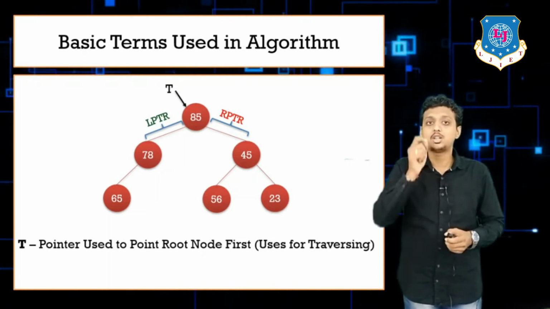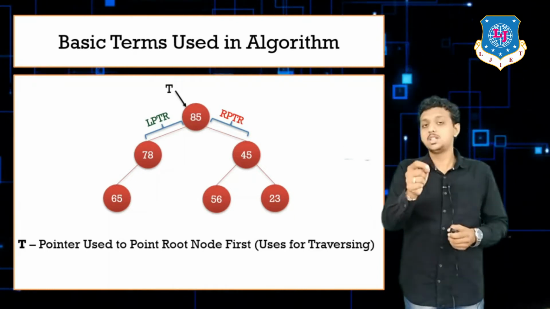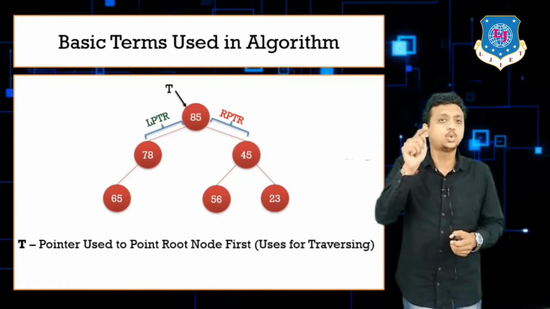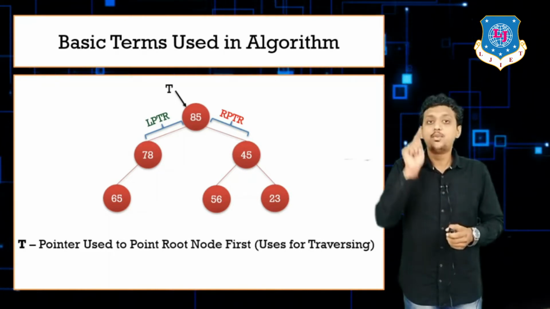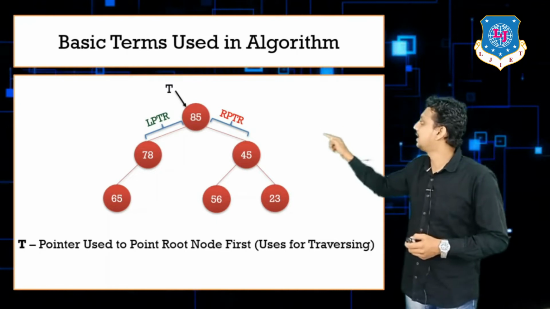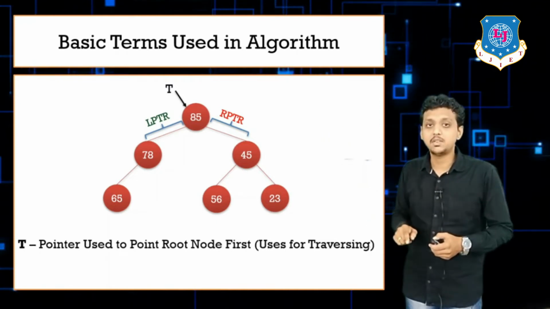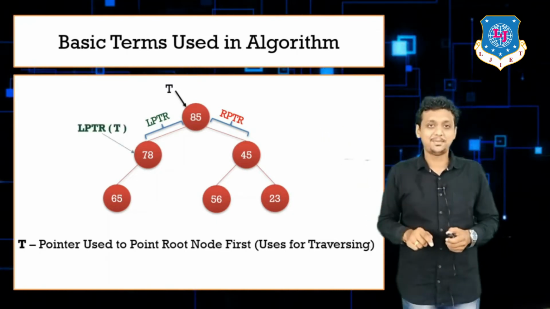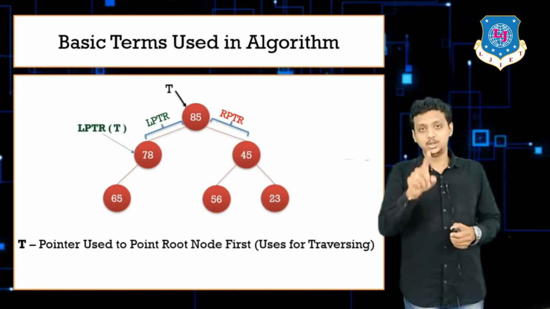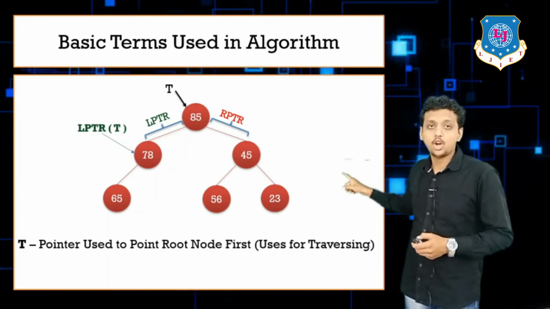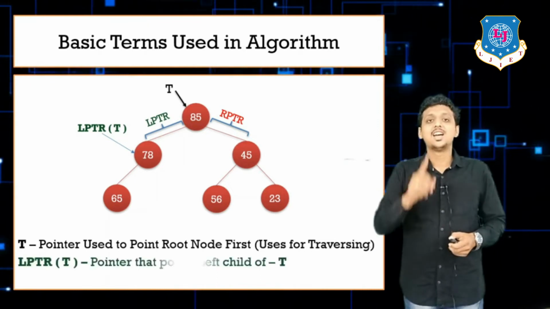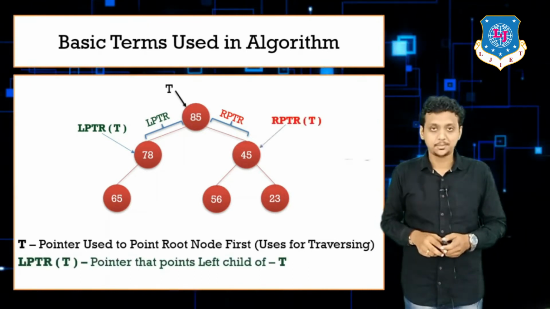If the root node name is T, then what is the name of 78? LPTR of T. And what is the name for 45? It is RPTR of T.